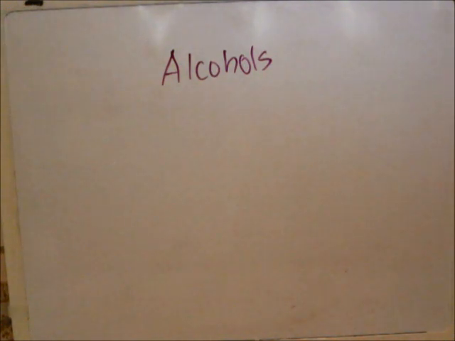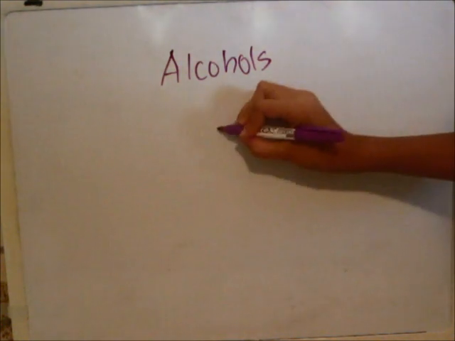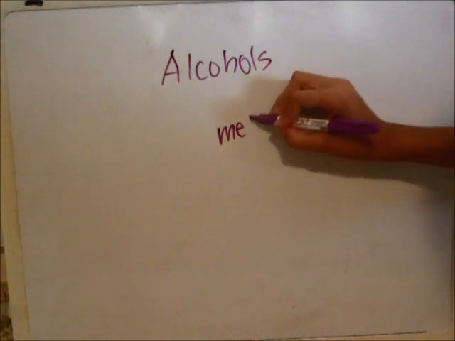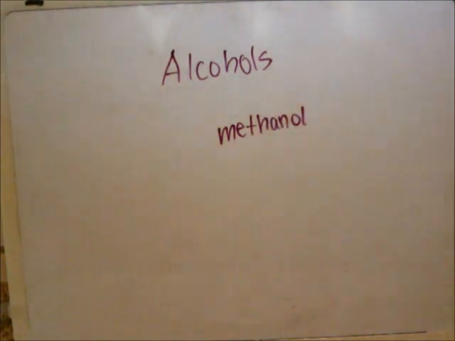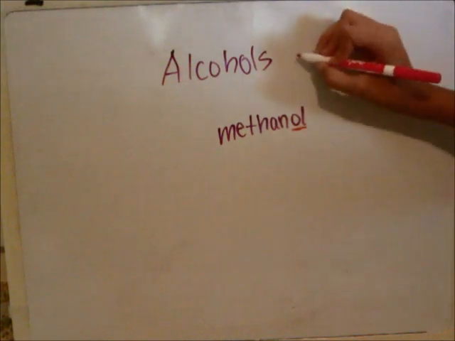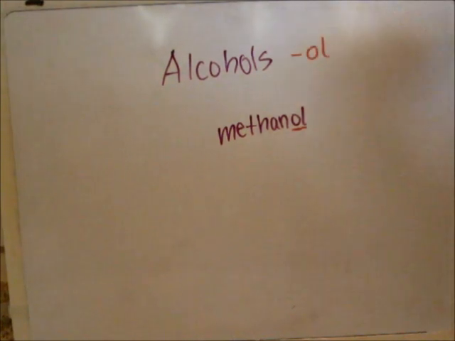Such as methanol. When you're naming an alcohol, it has an OL ending. So that's how you determine it: methanol has an OL ending. And how would we draw methanol?